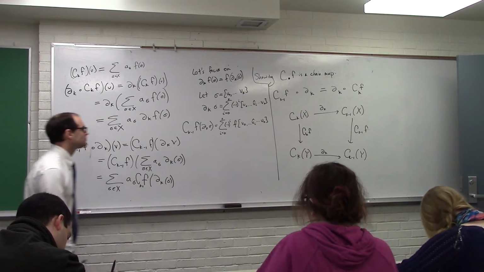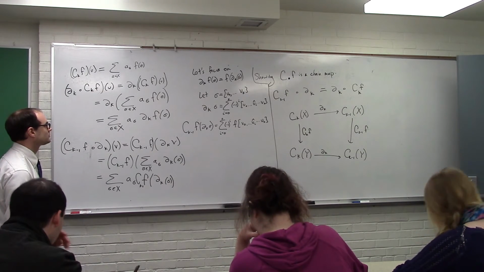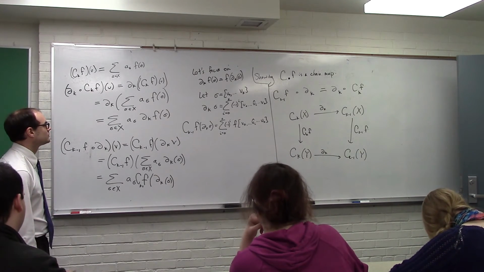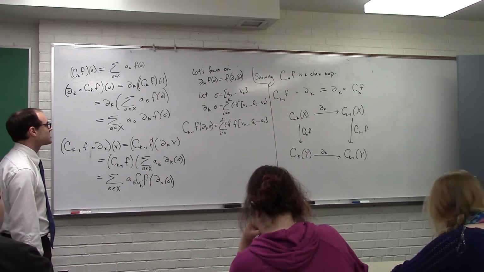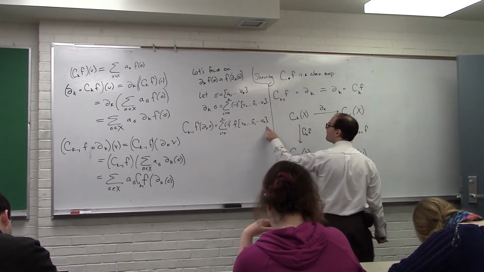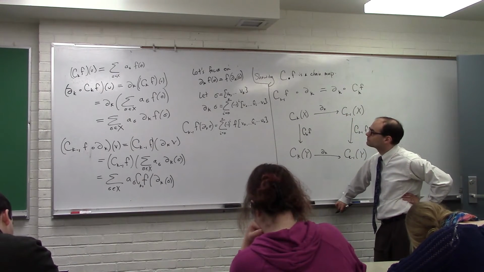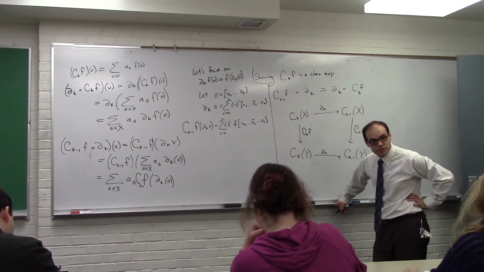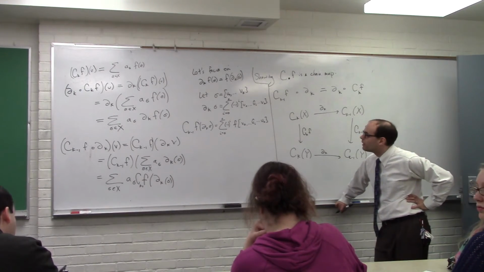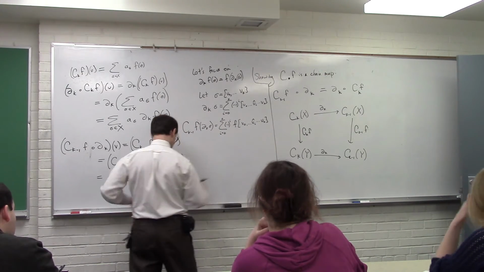Now, let's ask ourselves, what are these? What's F? F is a simplicial map. Those are k minus 1 simplices of y. These are all the k minus 1 simplices of sigma.